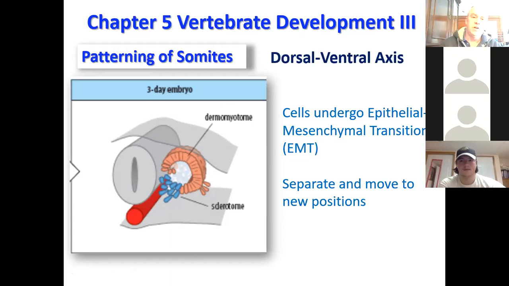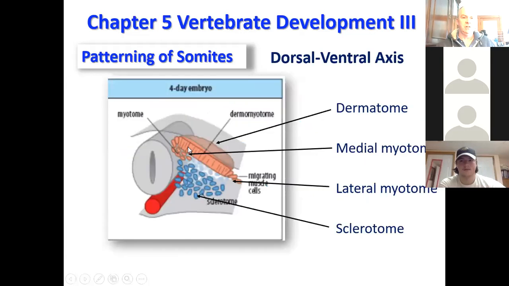So they start to move again, and they will surround the neural tube and become vertebrae. The rest of the somite is dermomyotome, so it's both skin and muscle. That will then differentiate into myotome. We've got medial and lateral myotome, and then dermatome.